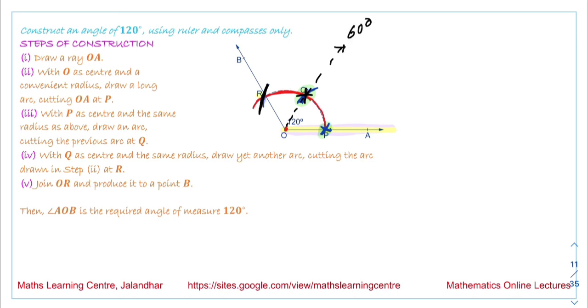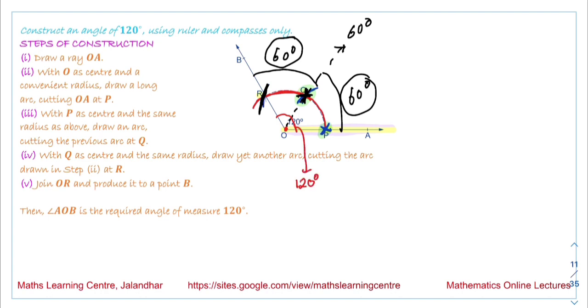Again with the same length, by keeping the compass at this point, we have drawn this arc. Now this angle is also 60 degrees. So we have drawn a 60 degree angle two times, and this total angle will be 120 degrees.